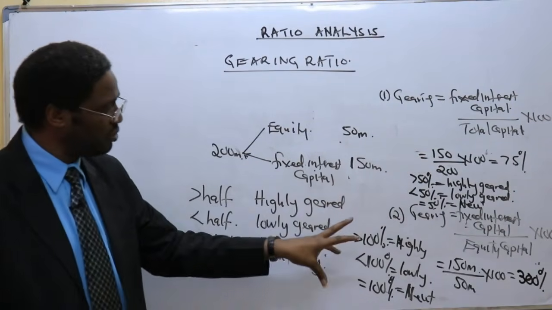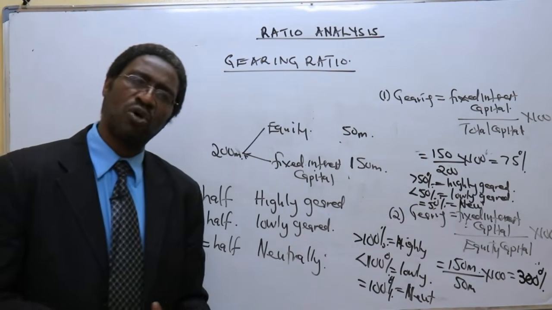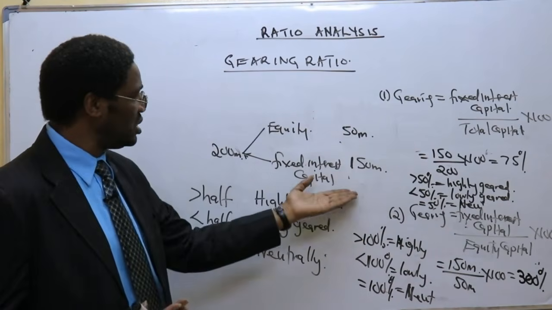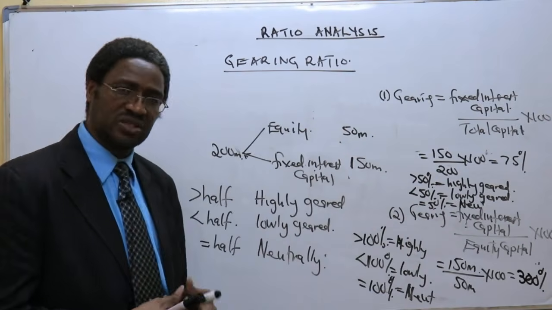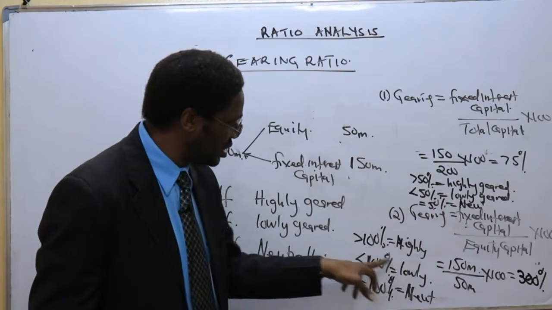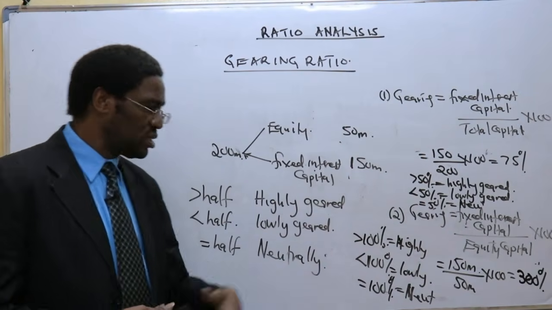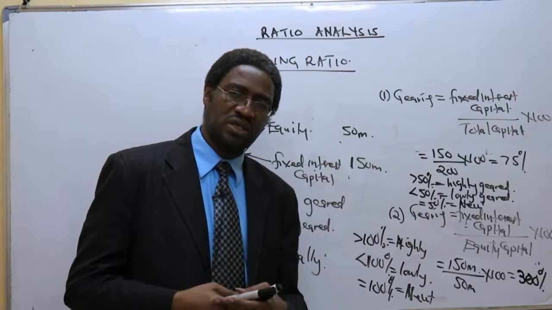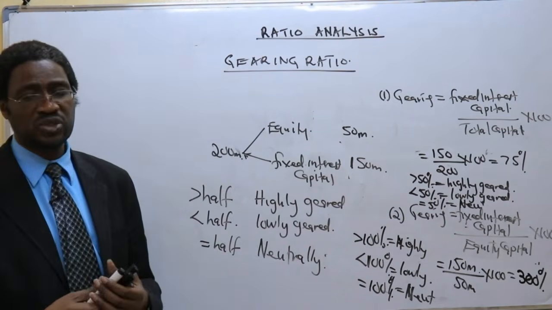For the second formula, which is fixed interest capital divided by equity capital, anything more than 100%, company is highly geared. Like here, we are seeing the company, more of the capital is provided by the fixed interest. That is highly geared, more than 100. Anything less than 100, company is low geared. Exactly 100, the company is neutrally geared. That's the point we are trying to say.